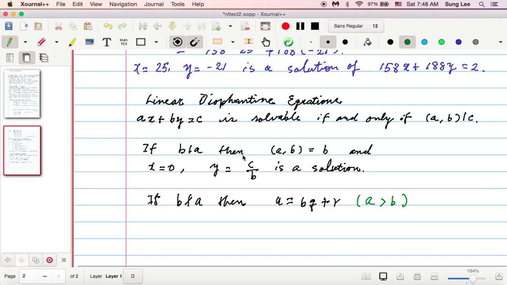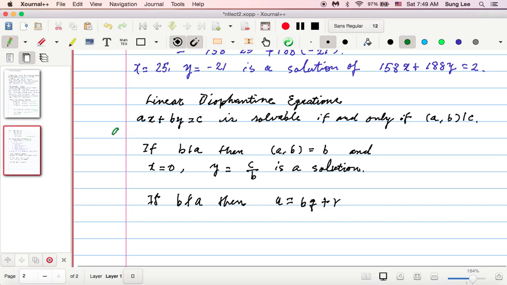But here also, I already used this assumption, right? In the first case also, I considered the case where B divides A, so I already used the assumption that A is greater than B. Implicitly, I used the assumption.